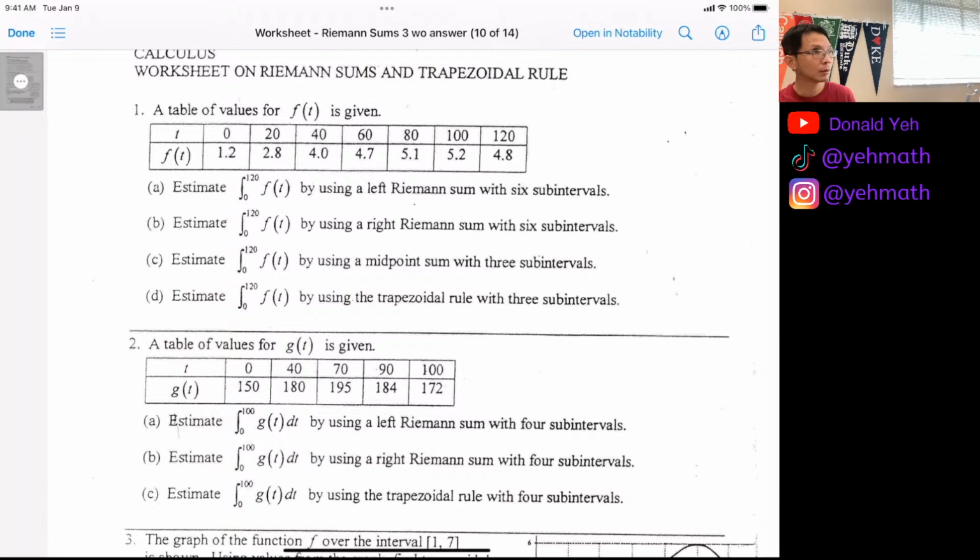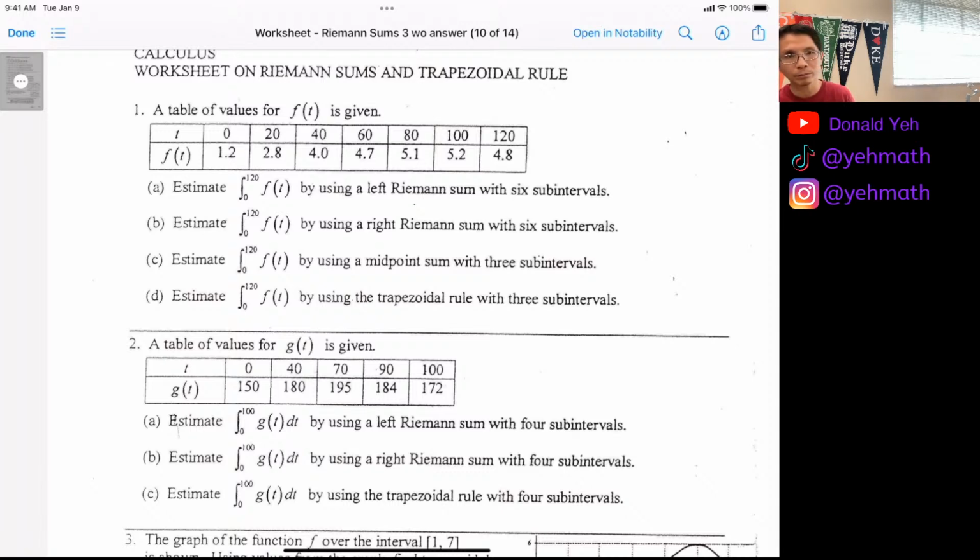You're supposed to use 20. You're not supposed to use 40. So we use 20, 6,800. Yes, that's because the middle of 0 to 40.